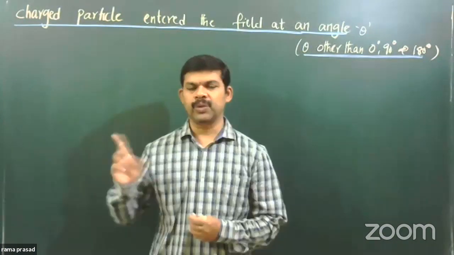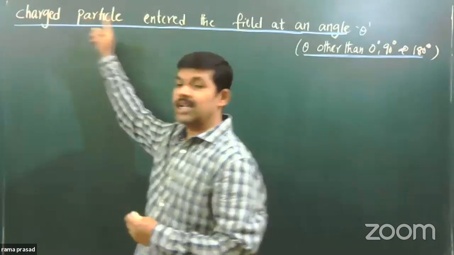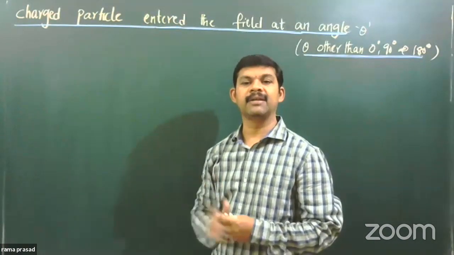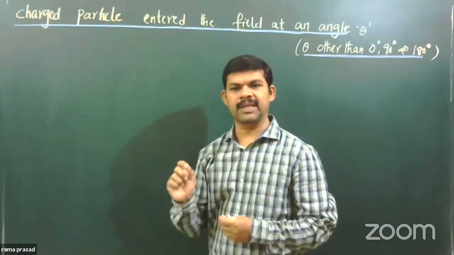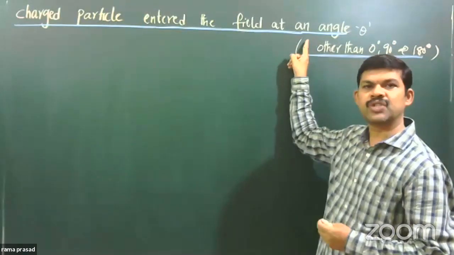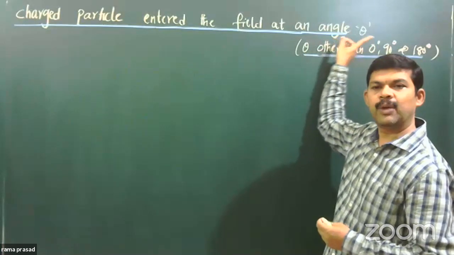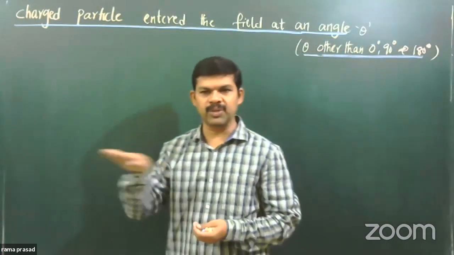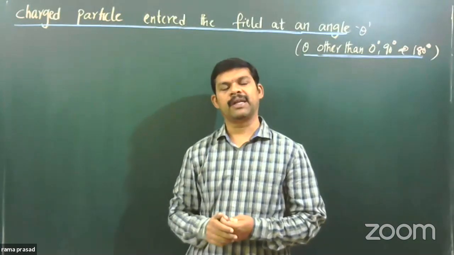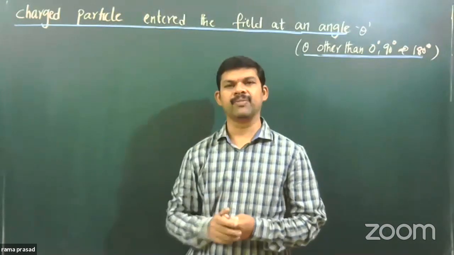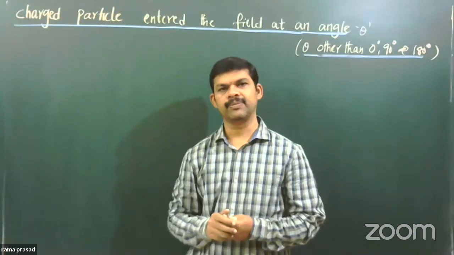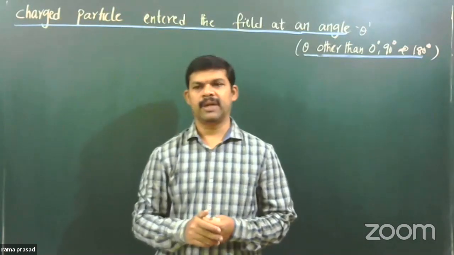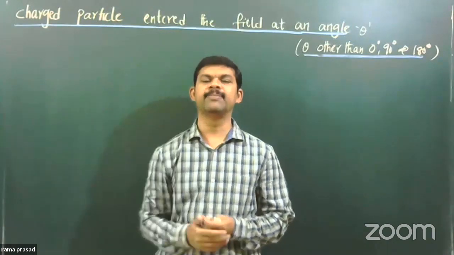Okay. Today, when a charged particle is moving in the magnetic field at an angle theta, that theta is other than 0, 90 and 180. We know when the charged particle enters the field at an angle 0 or 180 to the direction of the field, it experiences no force and it moves just undeviated.